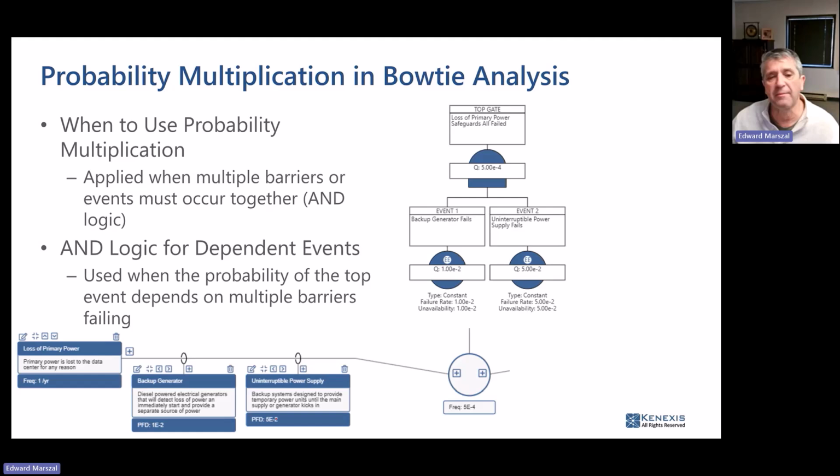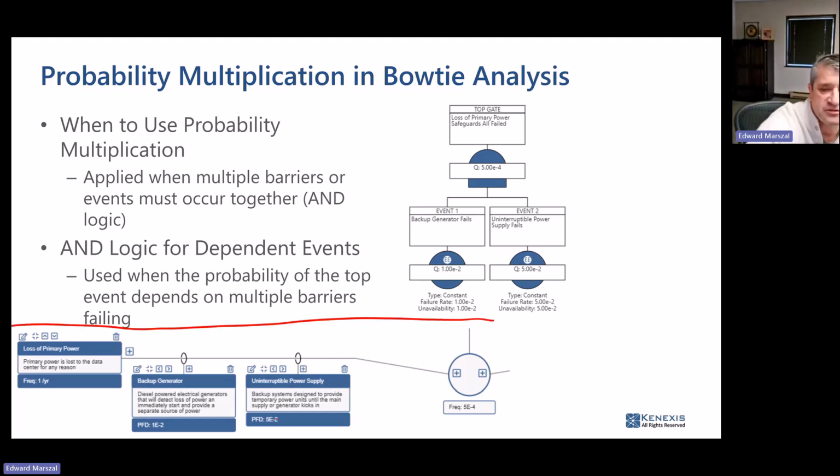Okay, probability multiplication is an AND gate. I'm going to use probability multiplication when multiple things need to be true for the outcome to be true. Down here at the bottom is where you see my quantitative bow tie.